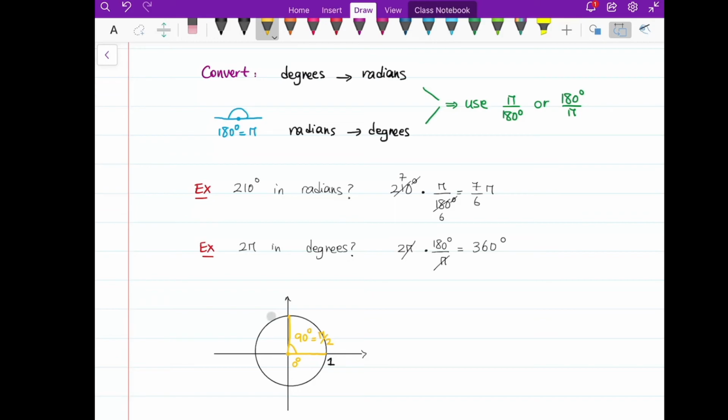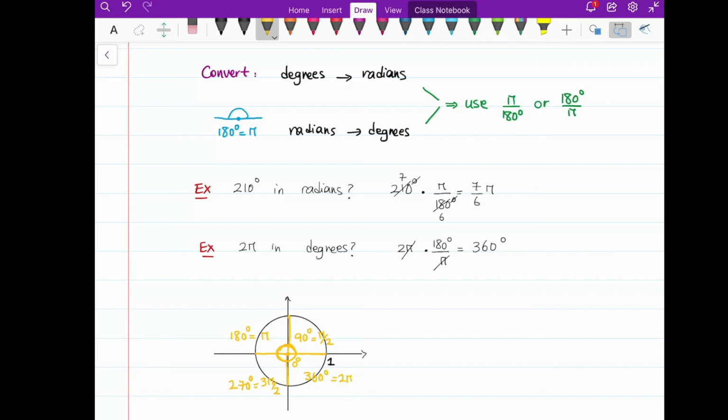The angle that I get all the way up to here is 180 degrees, which is pi. The angle starting at this point and going up to here, between these two rays, would be 270 degrees, which is 3 pi over 2. And then the angle that I get all the way around is 360 degrees, which is equal to 2 pi.